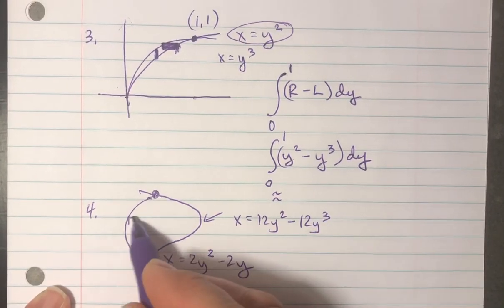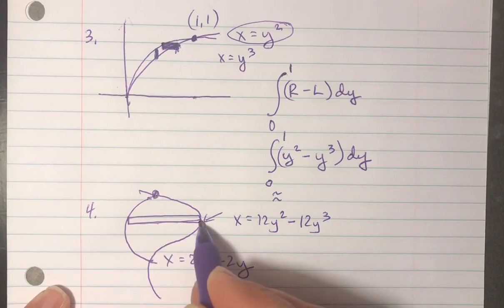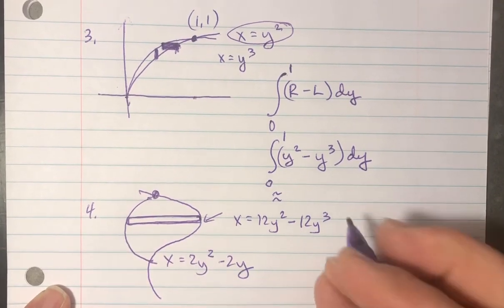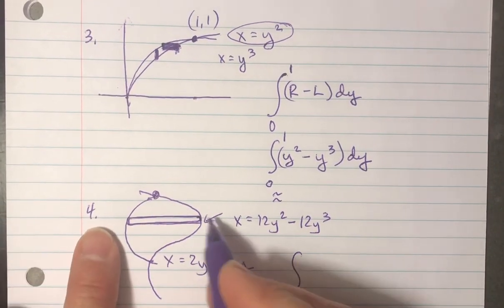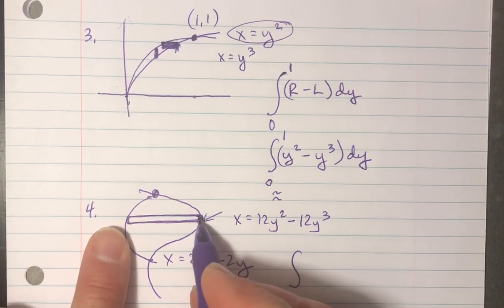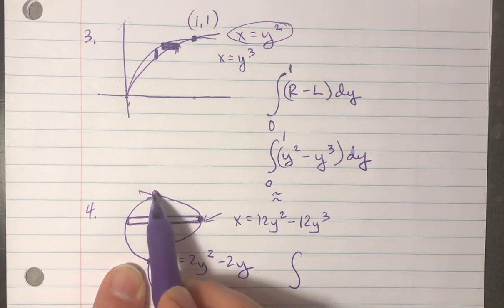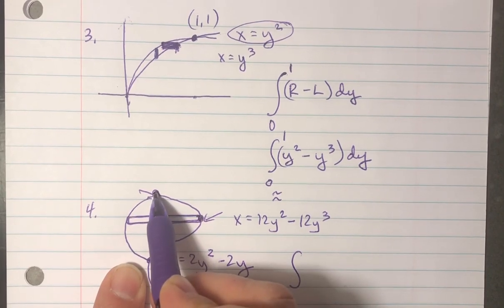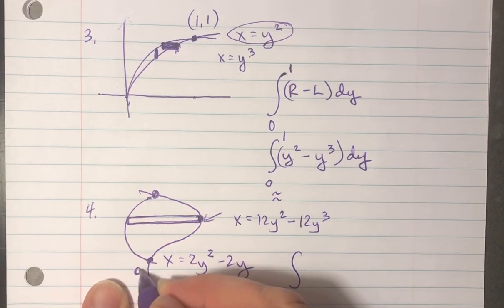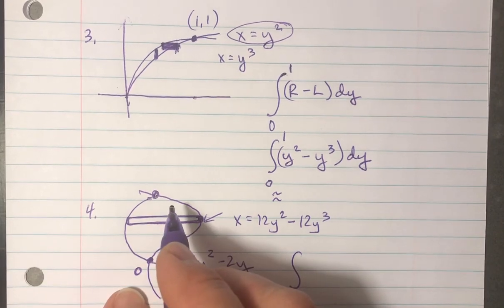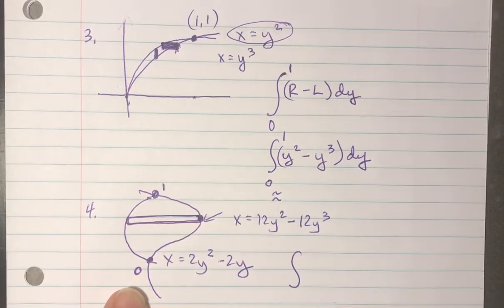And so if you notice now, taking horizontal rectangles, then we can integrate from the y value here up to the y value here, which is a y value of 0, and this is a y value of 1.